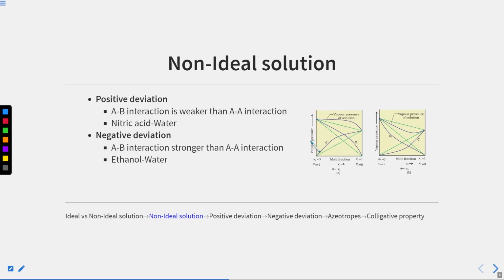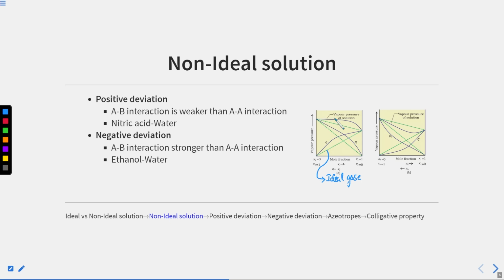If you look closely at this graph, this is the ideal behavior that we are expecting. Following Raoult's law, it should look like this, the green one. So this is the ideal case. But since the non-ideal solution does not follow Raoult's law, we get this type of graph, which looks like this.